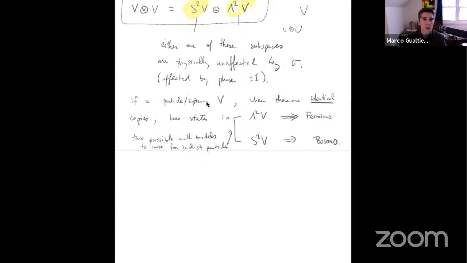You could think that this is an additional axiom which has to do with the notion of identical. What does it mean to have multiple identical particles? It means that we have to change our mathematical model. It's not just the tensor product, because the tensor product has this additional feature of being ordered, and the particles are not ordered.